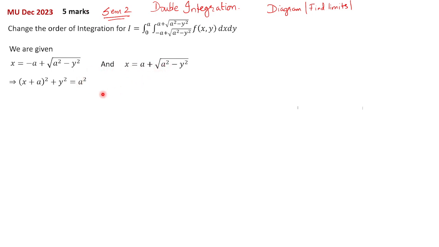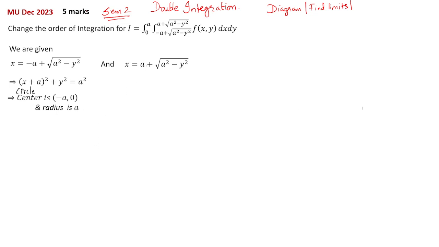And similarly, when you simplify this further, you come to know that this is the equation of a circle, and the center over here is minus a comma 0, and radius is a. So this is a circle. I'll just write here: it's a circle, and center is minus a comma 0.